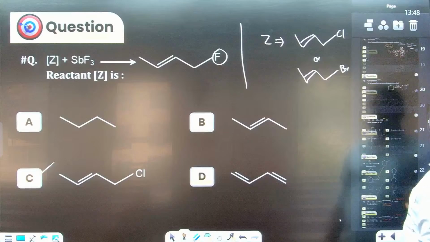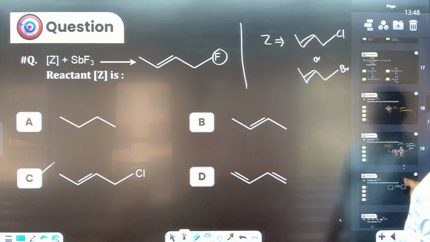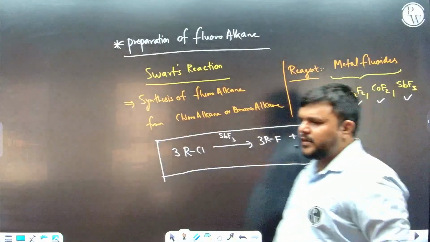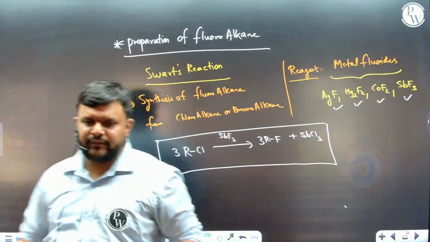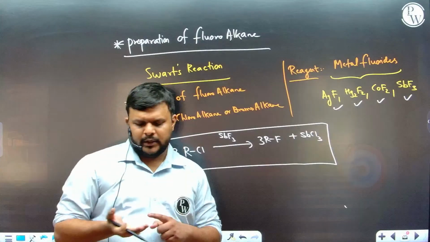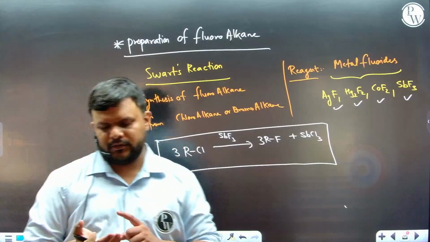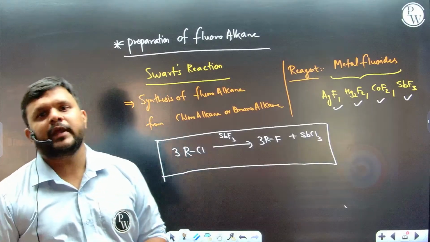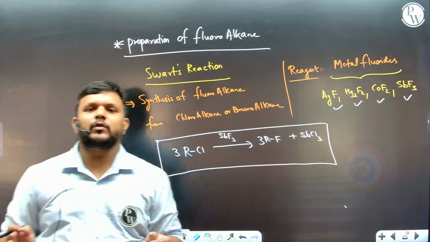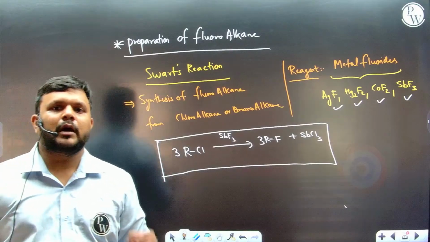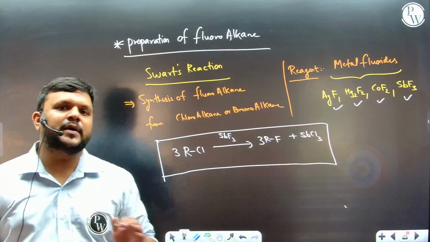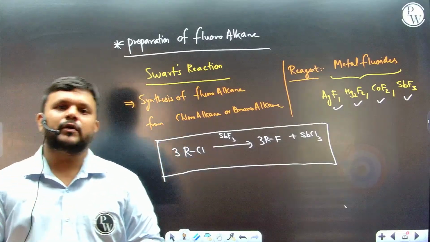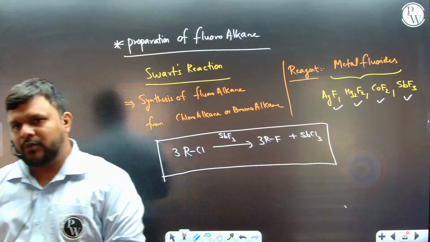Now we had the preparation of haloalkane, all methods we studied about. The first method we had was the Darzens method, where we had preparation of haloalkane from alcohols and it was the best method, you remember. Second method was by reaction of alcohol with PCl3 or PCl5.